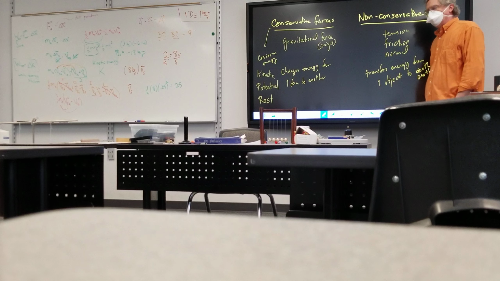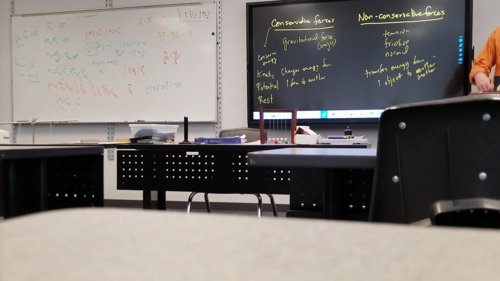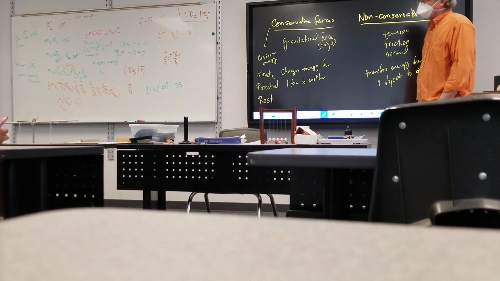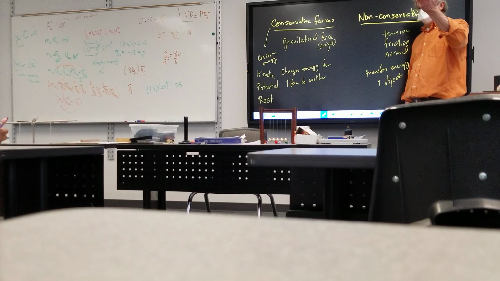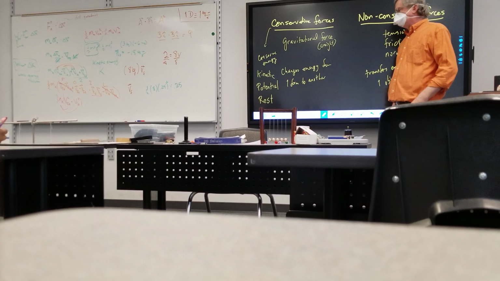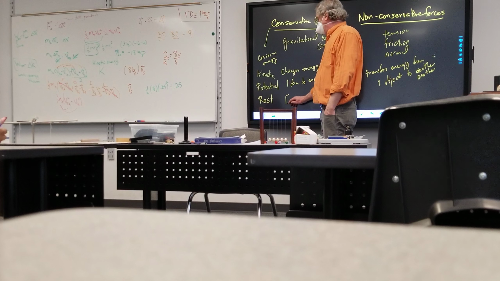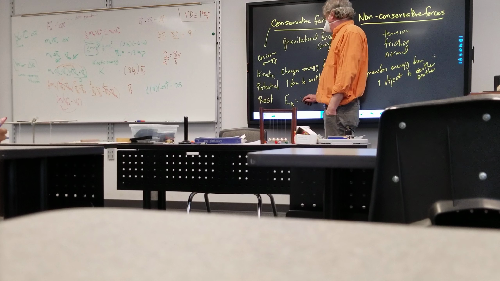Rest energy, most of you know the formula, although if I said write down the formula for rest energy, most of you would go, what? But you know it. E equals mc squared. The formula for rest energy is m sub 0 c squared.